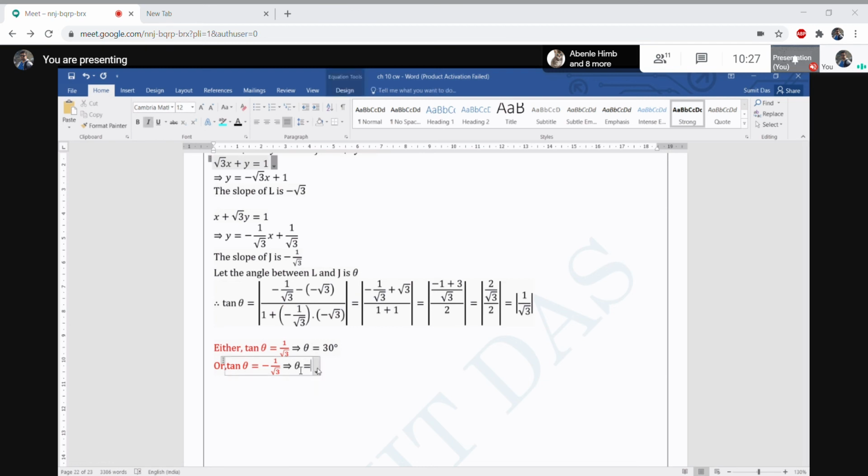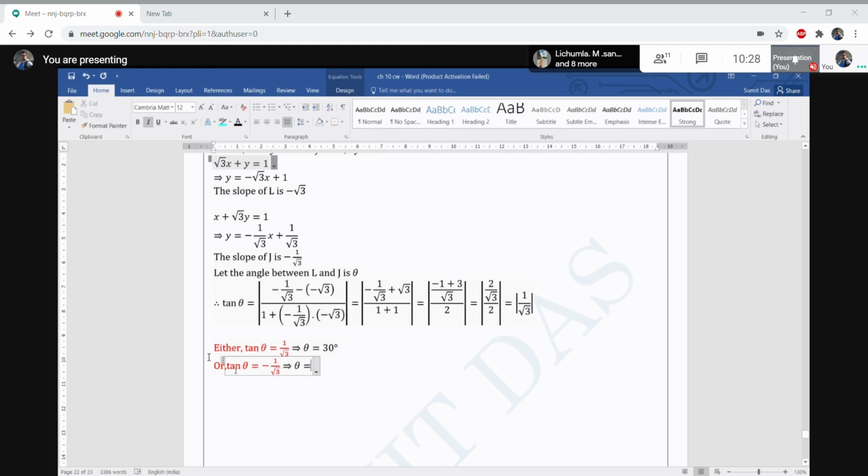Minus 1 by root 3 means it will be in the second quadrant. It can be cot 60 degrees, but it will be not tan.